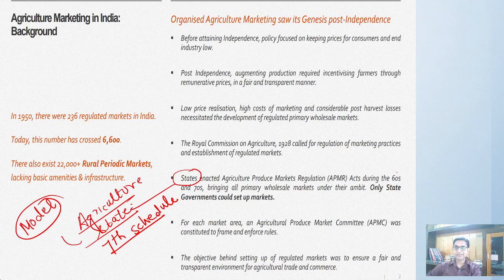During the 60s and 70s, the state governments enacted agriculture produce market regulation. For each marketing area, an agriculture produce market committee was constituted to frame and enforce the law. The main purpose of agriculture marketing is that regulated markets can be set up to provide a fair and transparent environment to the farmers.